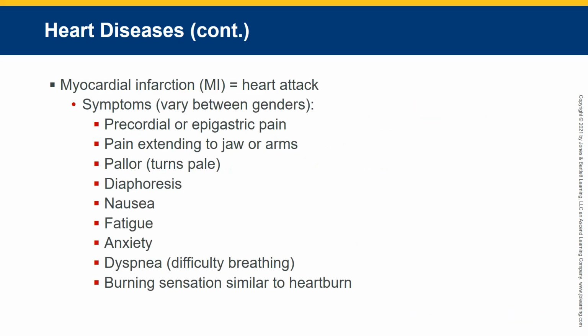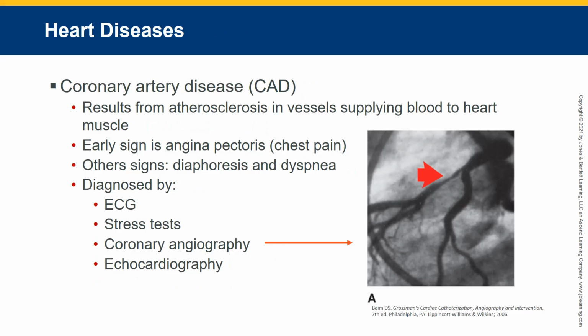Your textbook, and I didn't have a picture of it, I'm sorry. Your textbook also, on page, I'm just grabbing the page here, had a nice picture that was associated with the angiography, I'm sorry. Where did it go? I lost it.